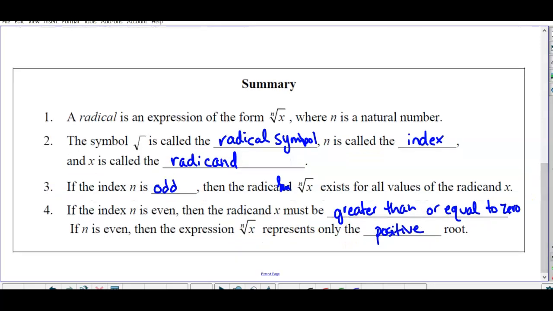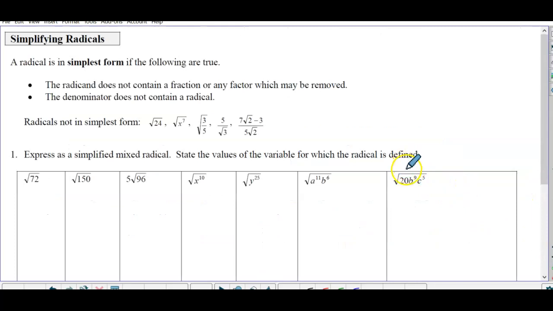All right, next part, simplifying. A radical is in simplest form if the following statements are true. The radicand does not contain a fraction or any factor that may be removed. The denominator does not contain a radical.